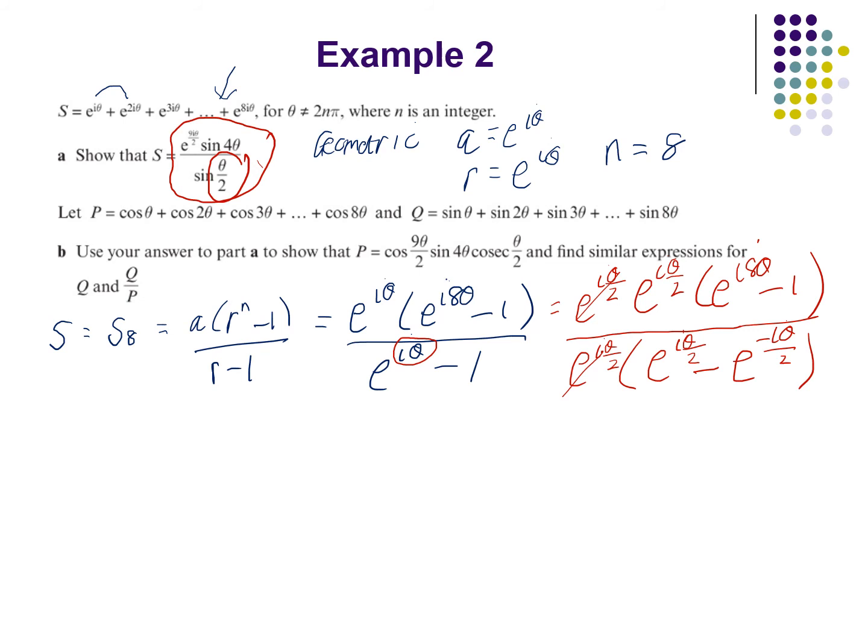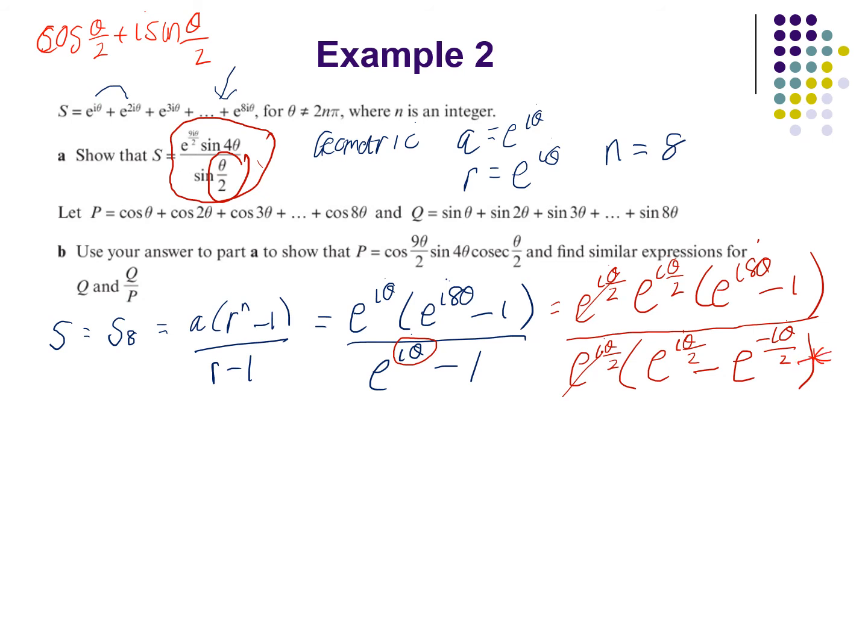Now let's have a look at this bit on the bottom then. This e to the i theta over 2 minus e to the minus i theta over 2. Now I'm just going to write it up at the top here. e to the i theta over 2 is cos theta over 2 plus i sine theta over 2. So what we're doing is we're doing this little bracket here.